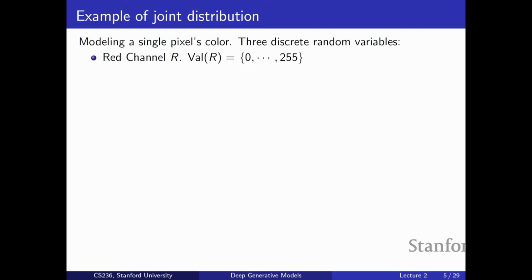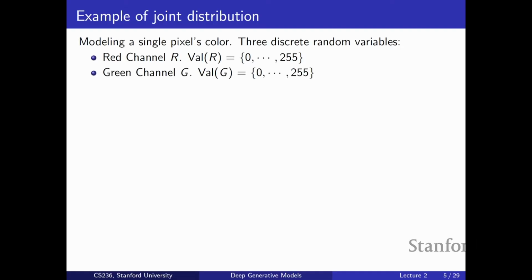So let's say you want to build a generative model over images. Then you're going to have to model many different pixels. To model the color of a single pixel, perhaps you're going to use some kind of RGB encoding, where you have to specify 3 numbers. You have to specify the intensity of the red channel, which let's say is a number between 0 and 255.